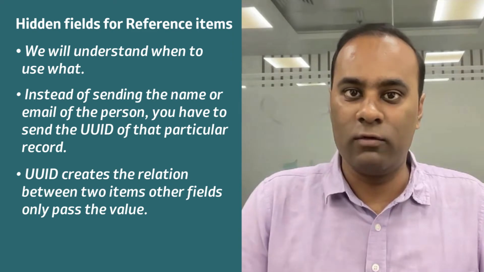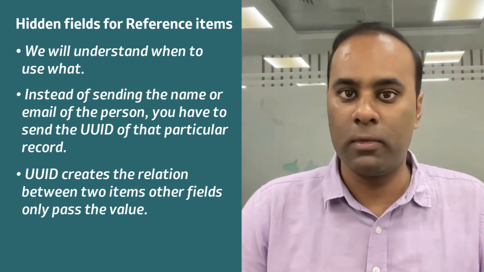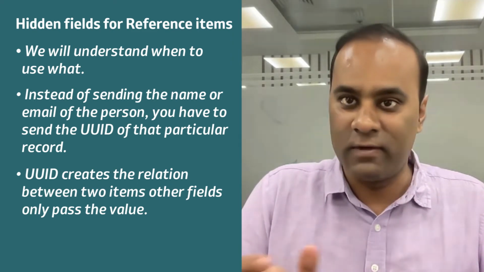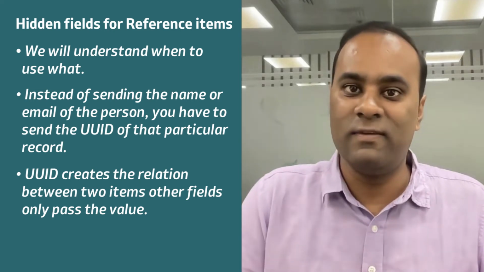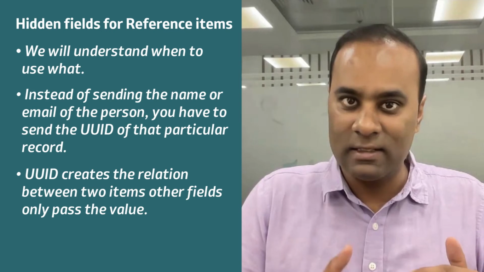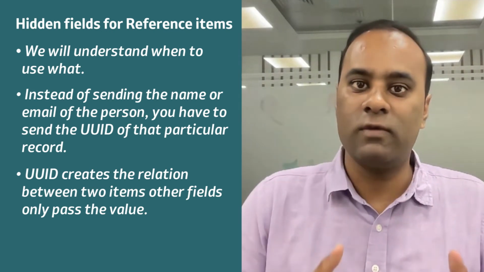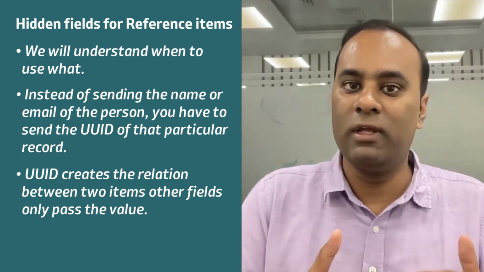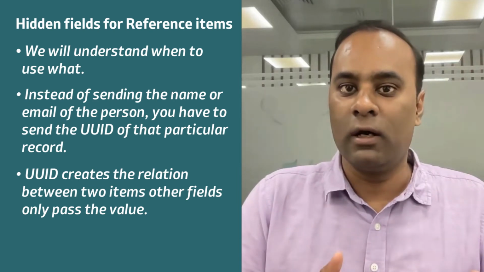So when you have to send a text or a number or a string, when you want to give some fixed value, or in case of a reference field. So let's say a person has a reference of address. In that case, instead of sending the name of the person or the email of the person, you have to send the unique ID or the UUID of that particular record.